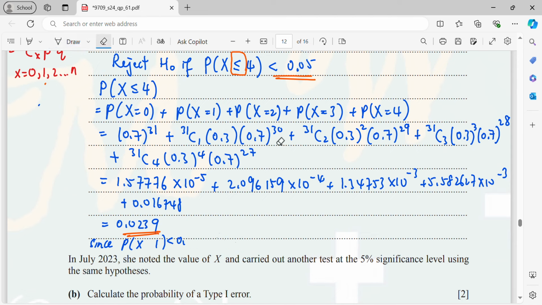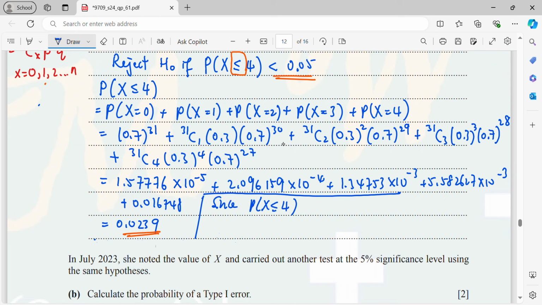I just write here because of limited space: since P(X less than or equal to 4) is less than 0.05, so reject H naught.